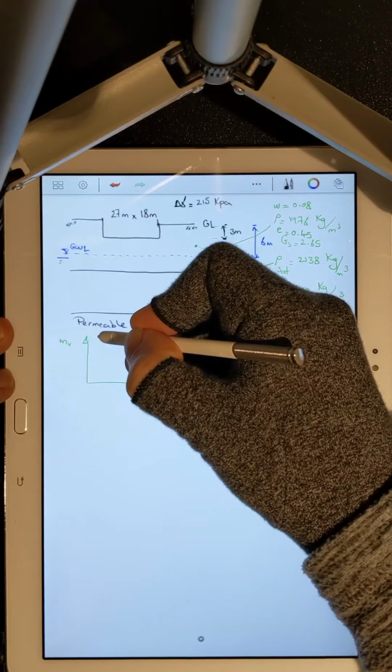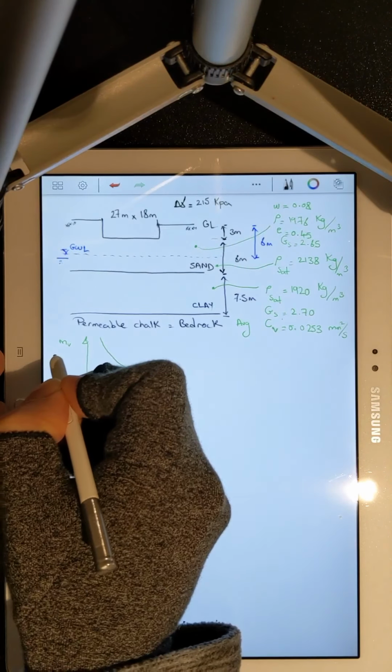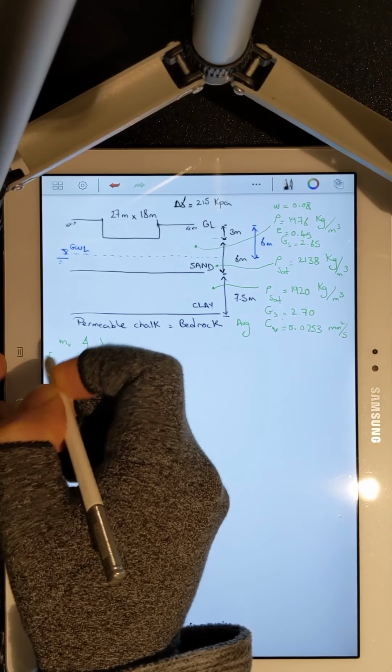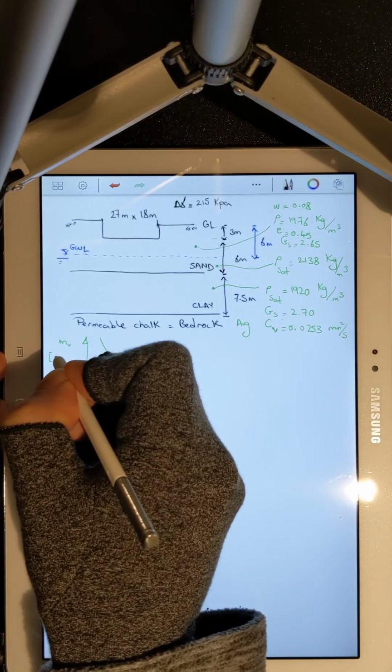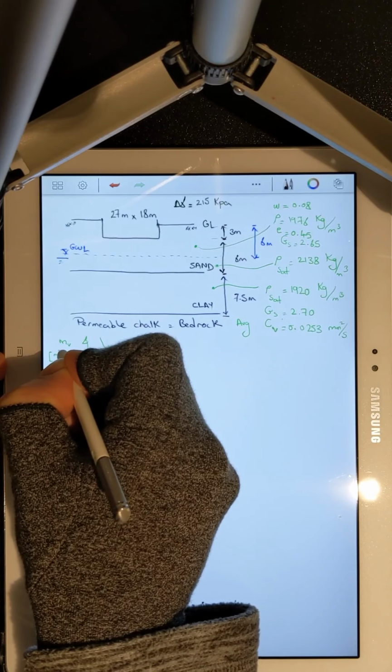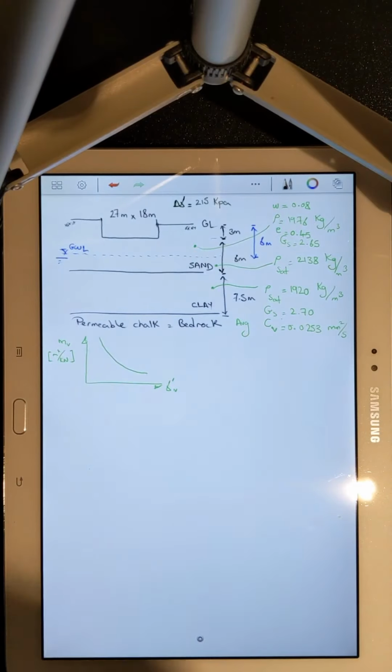It's something like this. Now we'll use this value for our analysis. So we have the variation of m sub v, coefficient of volume compressibility, in meter square over kilonewton, as available data.